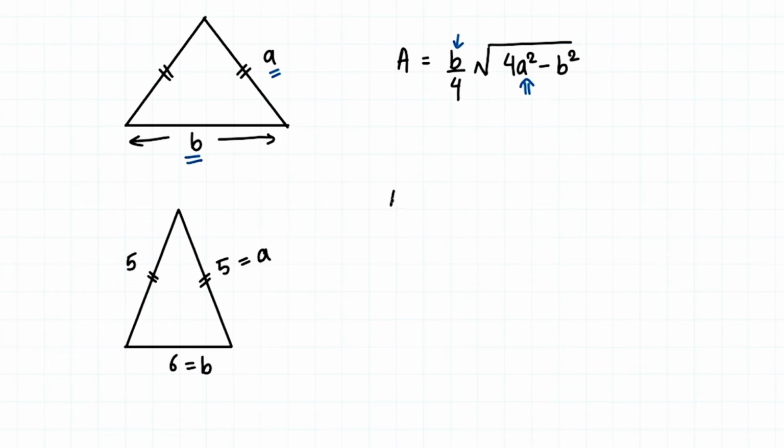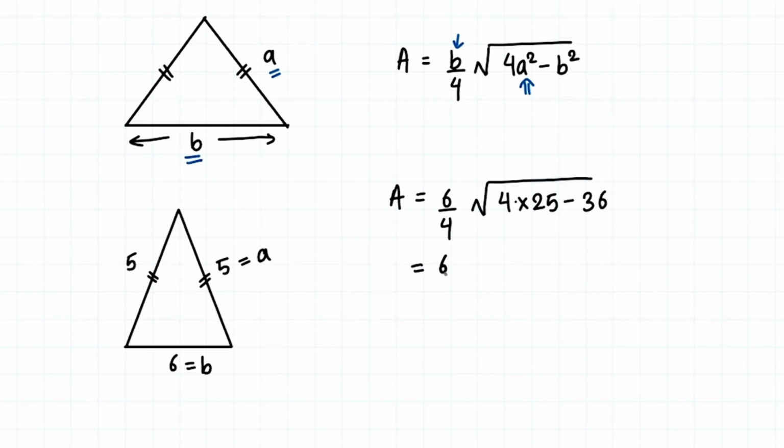So let's see. We have our area, with B as 6, the unequal side. So 6 divided by 4 square root of 4 times A square, which is 5 square, which is 25, minus B square, which is 6 square, which is 36.